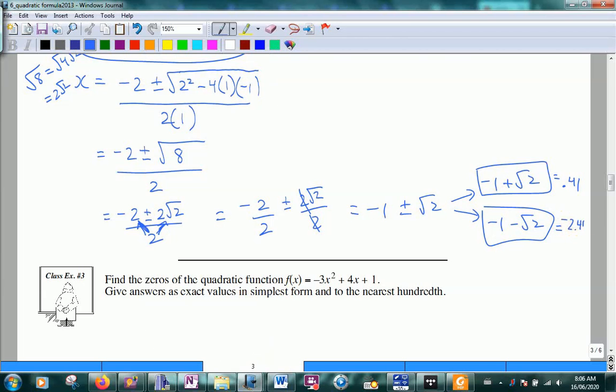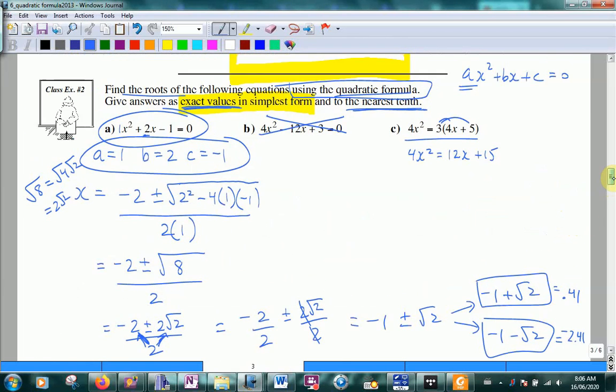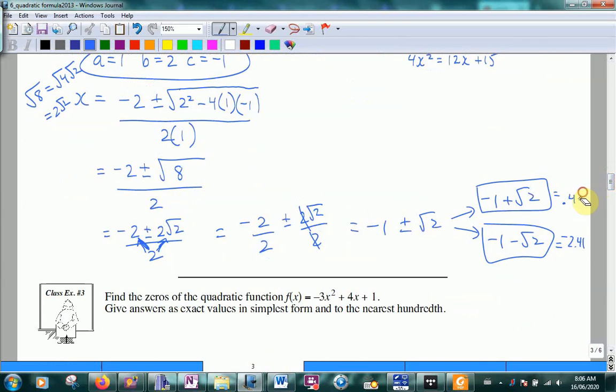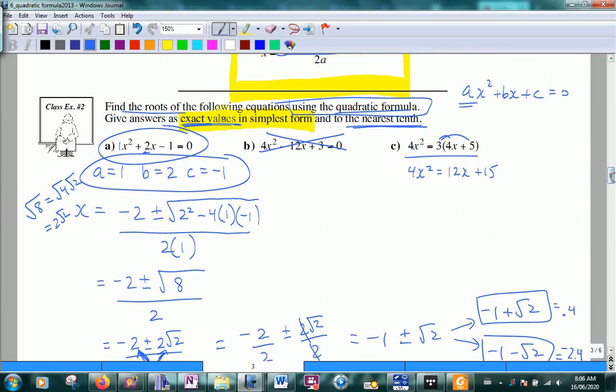Was that to the hundredths or the tenths they wanted it? To the tenths. So get rid of that, get rid of that. Same answer, but now it's not exact. It's a decimal approximation of what this is. So read the question, whatever you get, and answer it appropriately. There's your 2 roots of that quadratic formula. Next one.